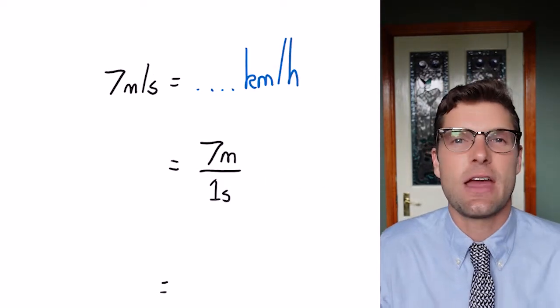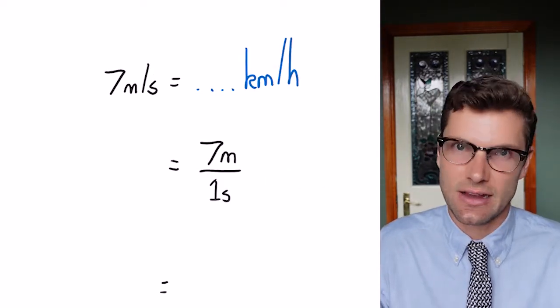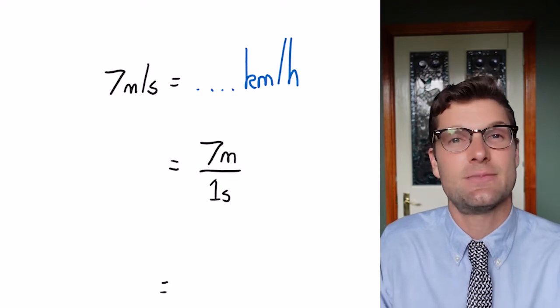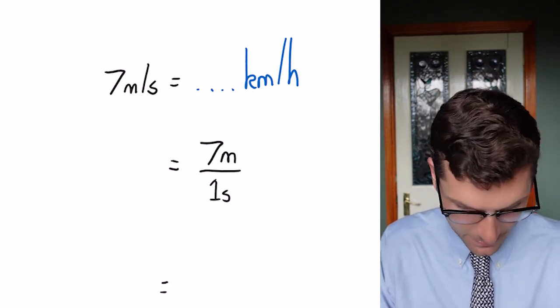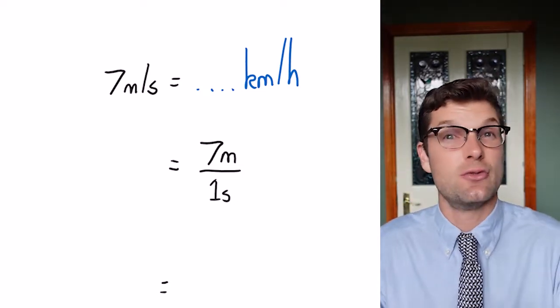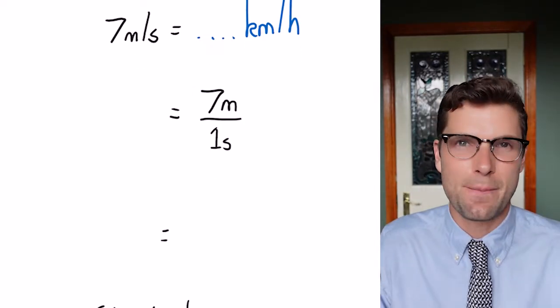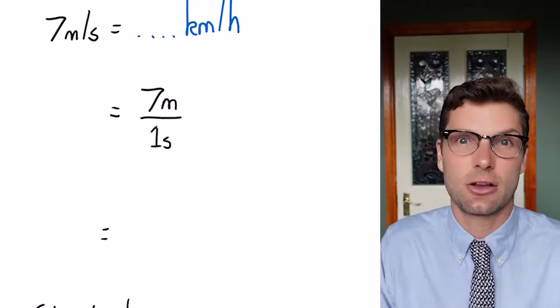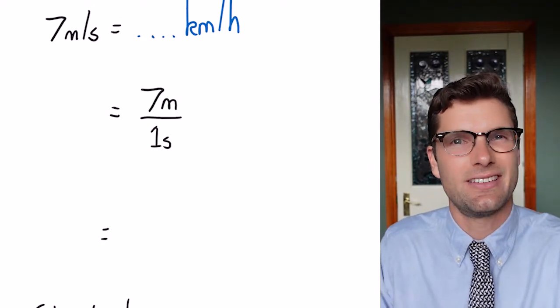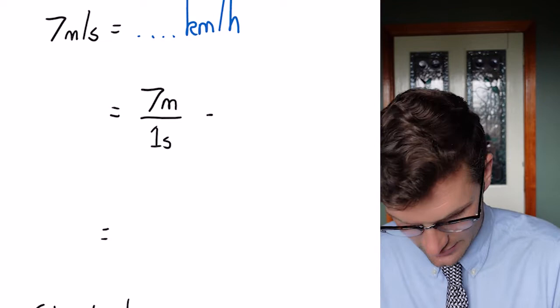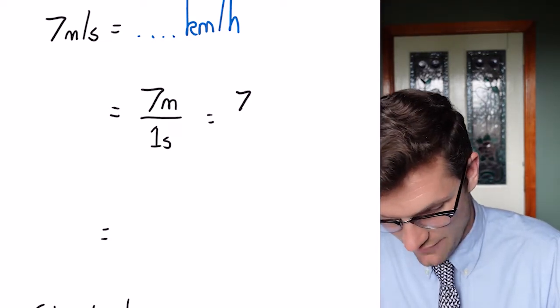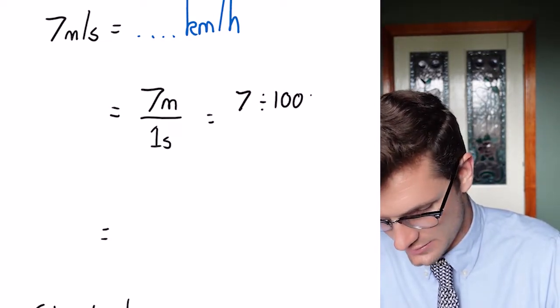But we could be asked to go the other way. You could have 7 meters per second, and I'd like to know how fast that's moving in kilometers per hour. This time we've got to do the exact opposite. To turn 7 meters into kilometers, instead of multiplying by 1,000, I'm going to divide by 1,000. So this is the same as writing 7 divided by 1,000.